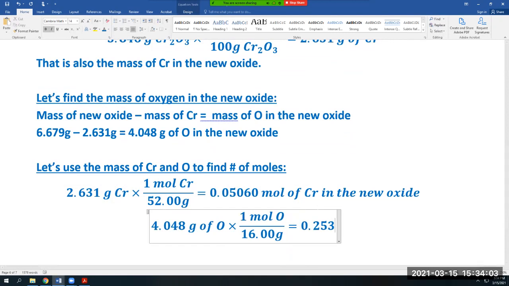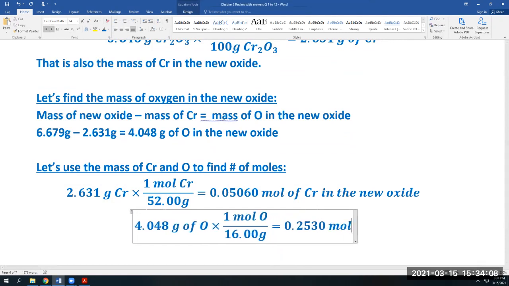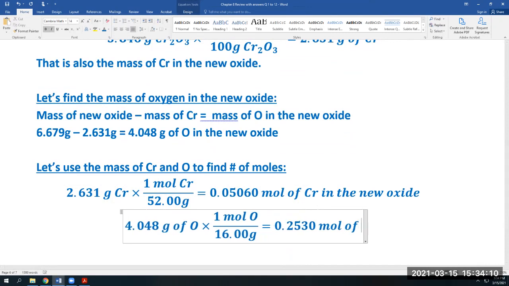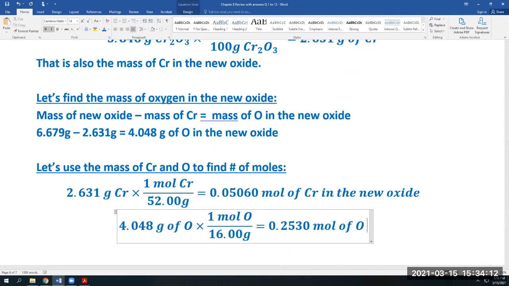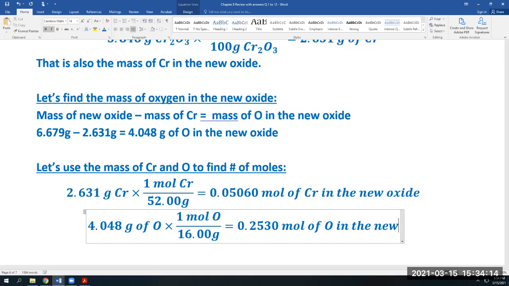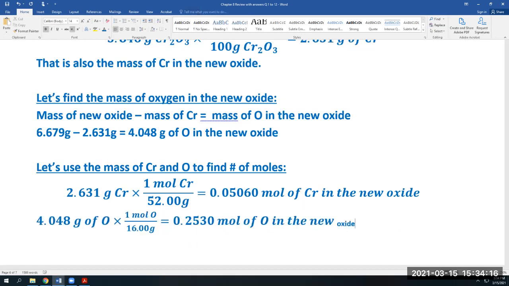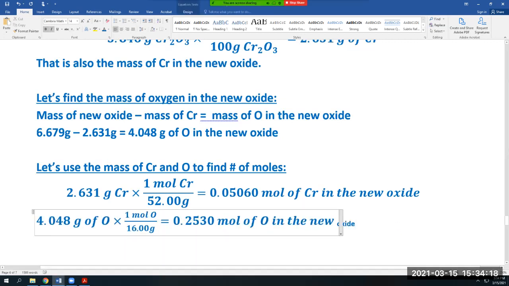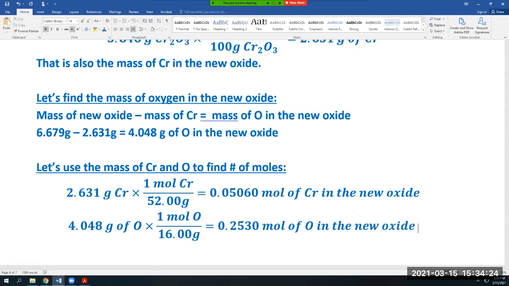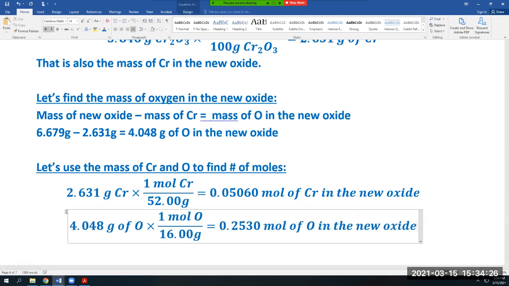We need 4 sig figs, so we need to add a 0 here to say 4 sig figs like we had in the given amounts. And that's the moles of oxygen in the new oxide. So we have our number of moles.